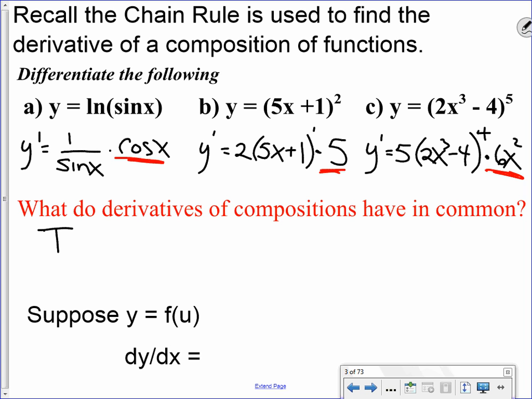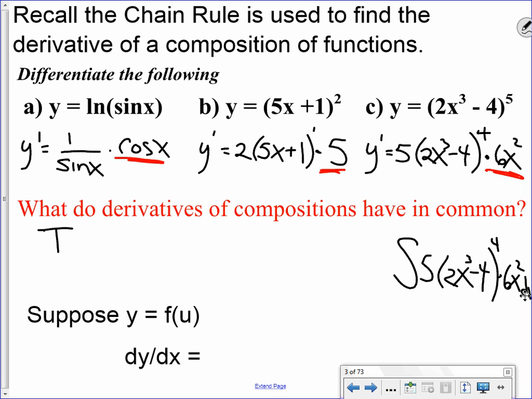If I asked you to find the antiderivative of 5 times (2x cubed minus 4) to the 4th, if I have the 6x squared there, you're going to be able to get the answer. But you can't just put something that wasn't there. Because when you find an antiderivative, you're saying, this is the derivative of what function.